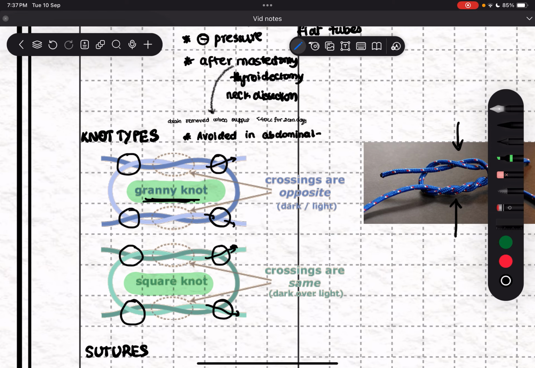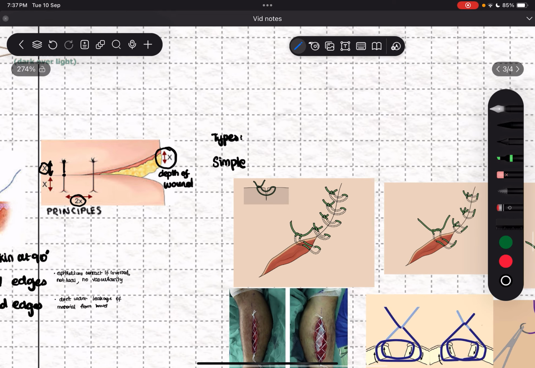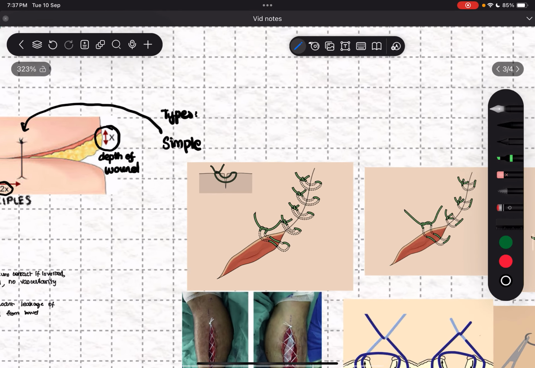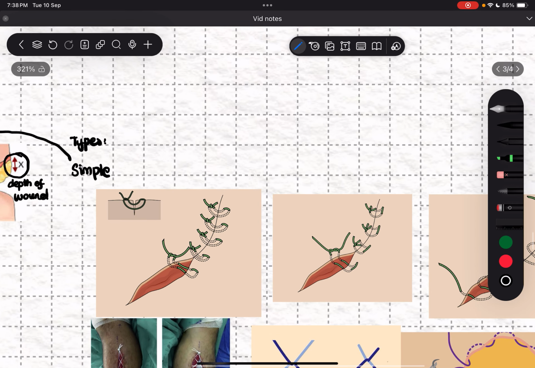Now let us look at the types. The types are simple suture. This one single one will be a simple suture. These two are mattress sutures.